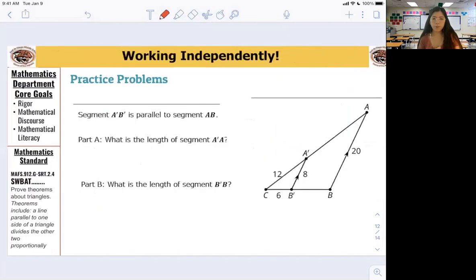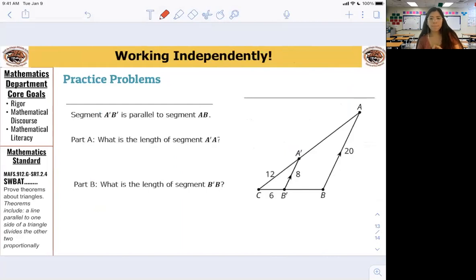Okay, I think I have just one more. Here we go. Segment AB is parallel to segment AB prime. Sorry, segment AB prime is parallel to segment AB. Part A, what is the length of A prime A? So A prime A, right here, that whole segment.